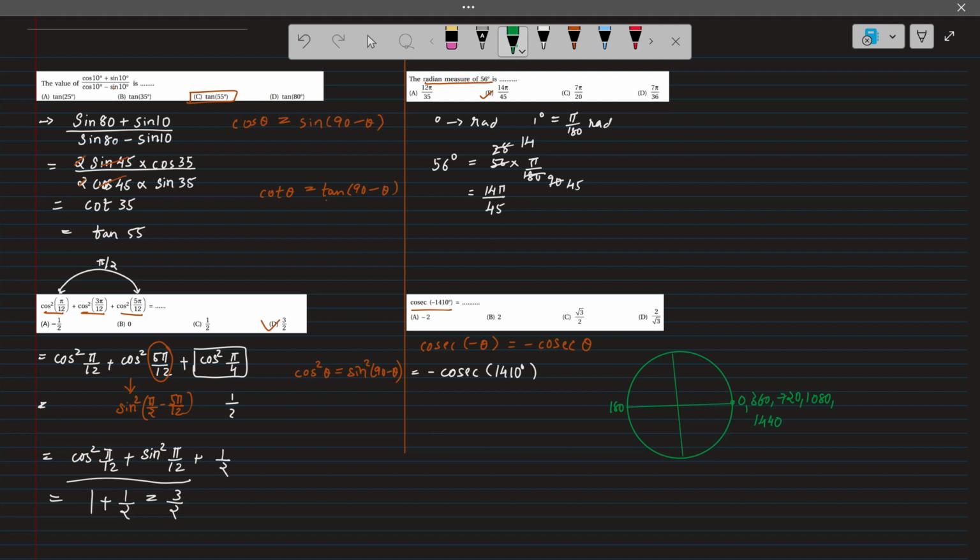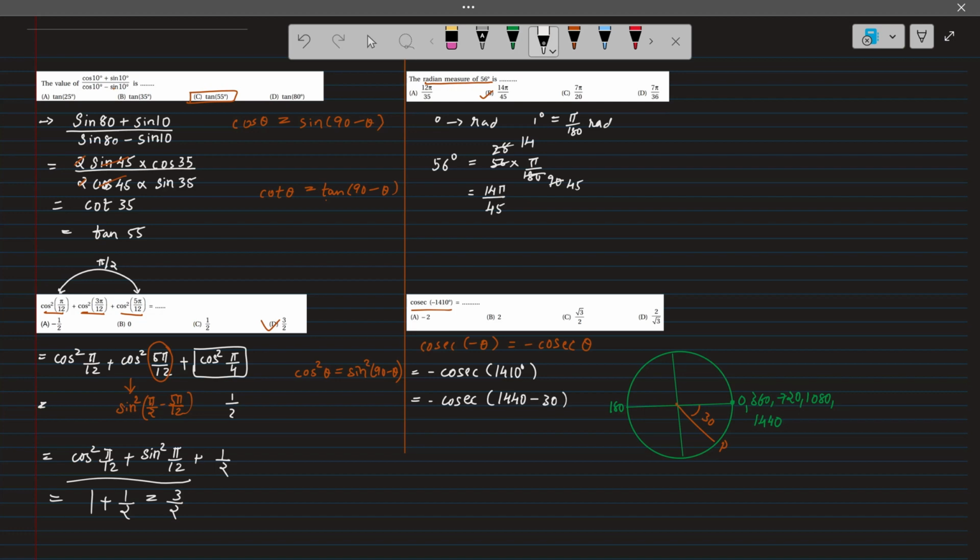So 1440 is at this point. We have to find the value of 1410, which is just 30 degrees less than 1440. So our point is in the fourth quadrant. Now we can write minus of cosec 1440 minus 30.